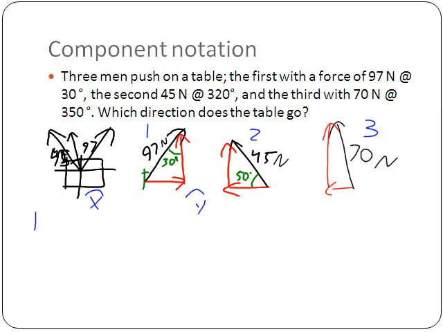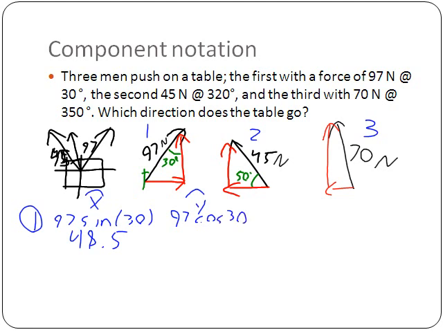So this is going to be 97 sine of our angle, which is 30. Plugging in the calculator, 97 sine 30, their x component is 48.5. For our y component, it's going to be 97 cosine of 30.